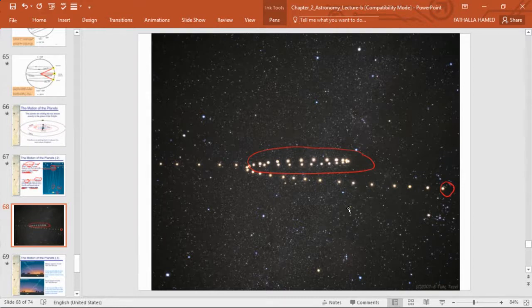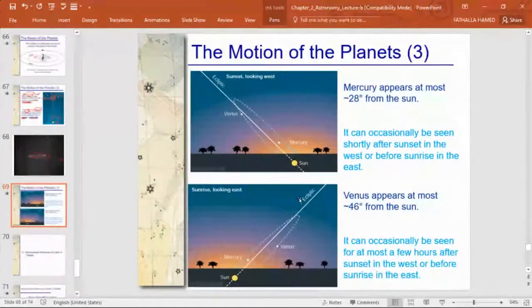And this is something that you can see in the night sky. So now, if we want to spot Mercury, Mercury is closer to the sun. So if we want to see Mercury itself or Venus or any other planet, they do not produce light.